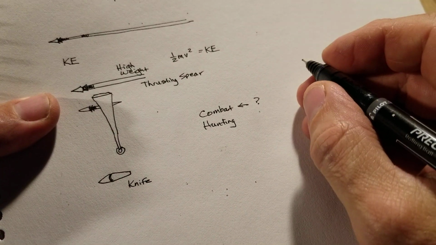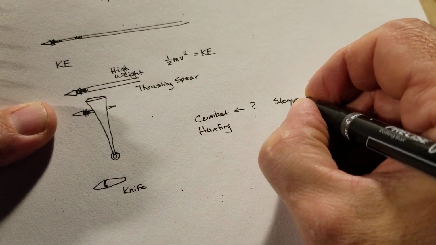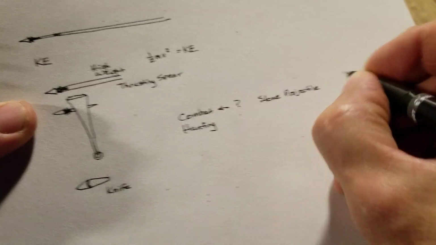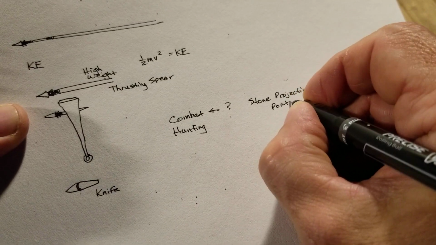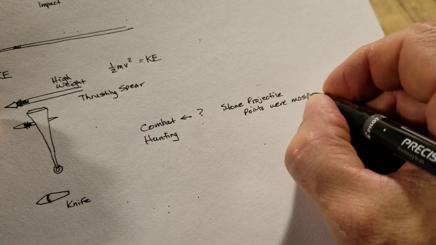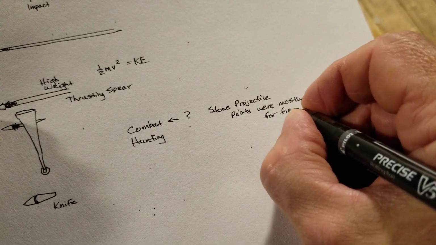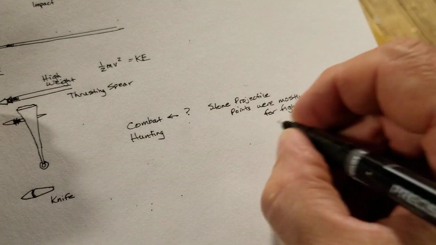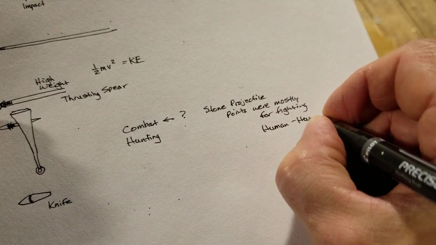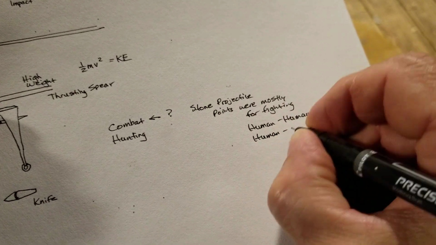Another thing is, I think, as a hypothesis, stone projectile points were mostly for fighting. Okay, either human to human or human against predators.